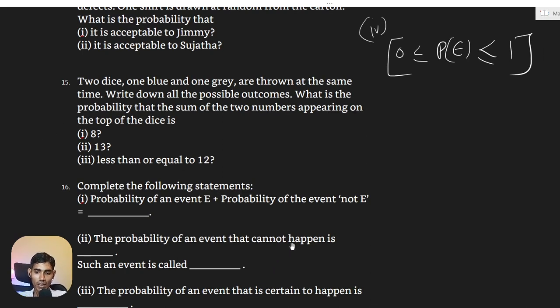Make the sample space very clearly and try.